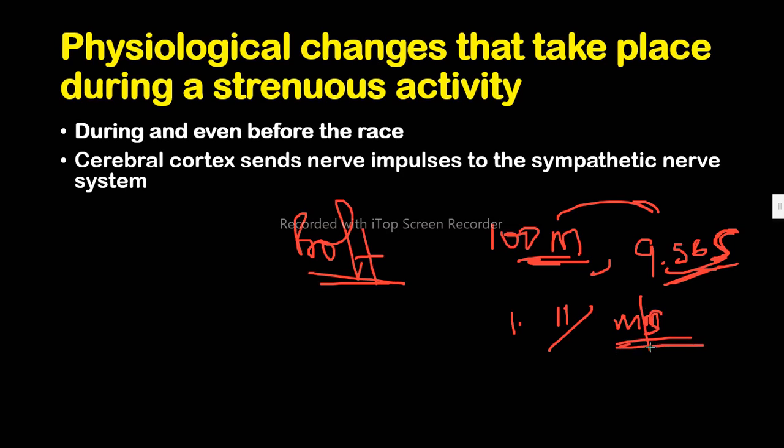11 meters per second. It means in 1 second you are making 11 strides. 1, 2, 3, 4. So 1, 2, somebody has made 11 strides. 3, 4, somebody has made 22 strides.